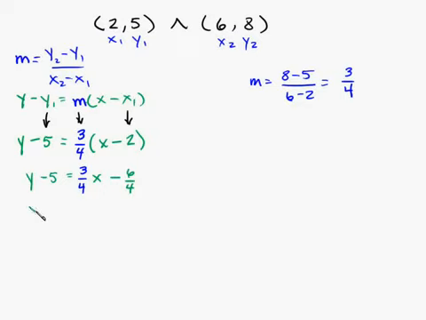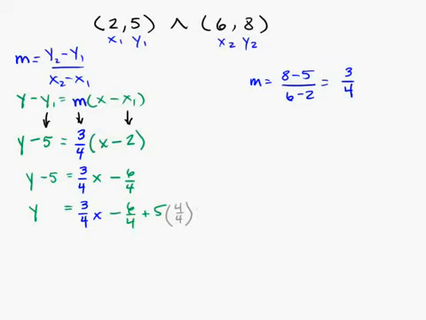So this will be y equals 3/4 x minus 6/4 plus 5. Well, I got to change this 5 to have a common denominator of 4, so what I can do is I can multiply it by 4/4.